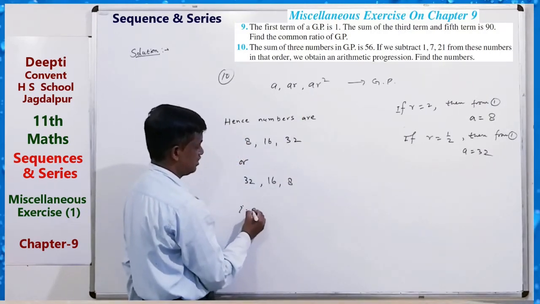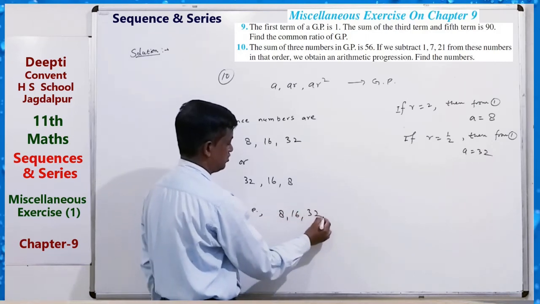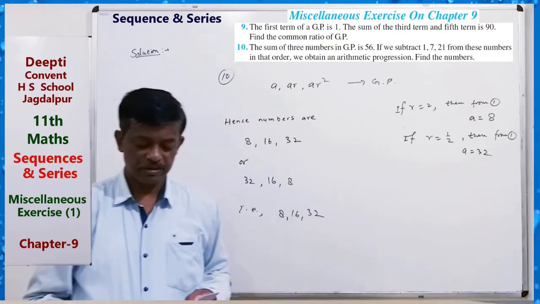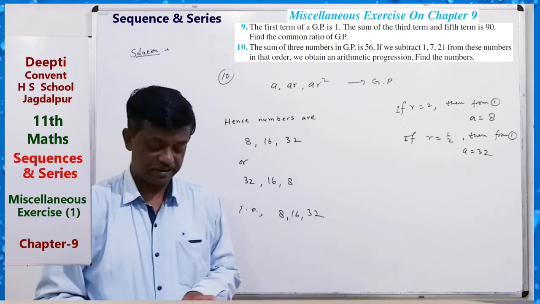That is 8, 16, 32. These are the numbers. That was question 10.